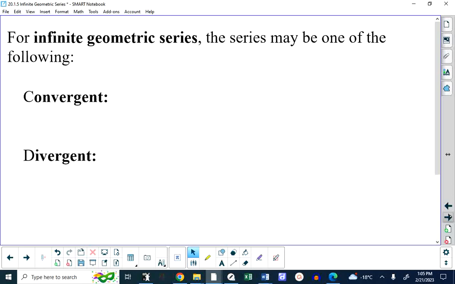Geometric series that are infinite in nature, that go on forever without boundary, and both series 1 and series 2 are infinite. They have that ellipsis, that dot, dot, dot. They can either be convergent or divergent.